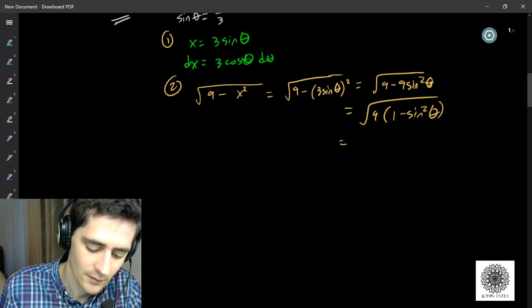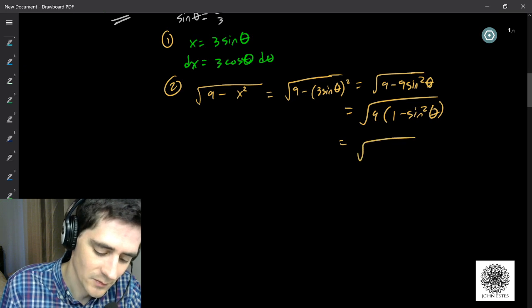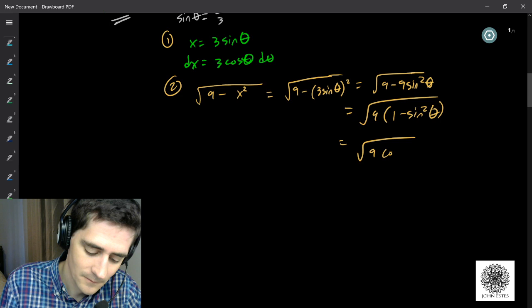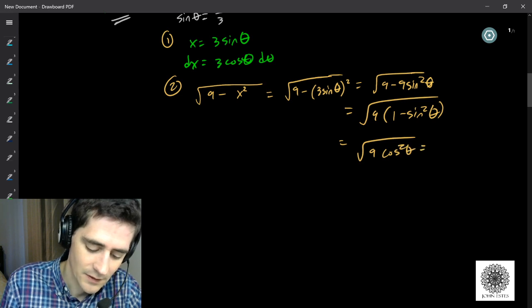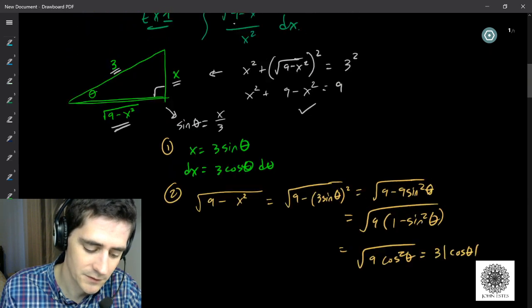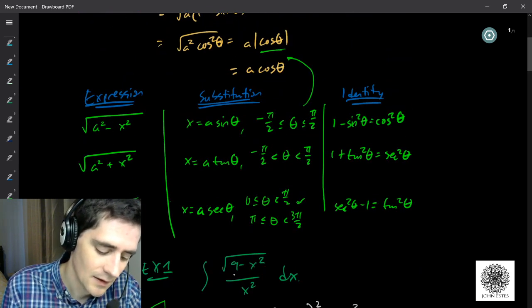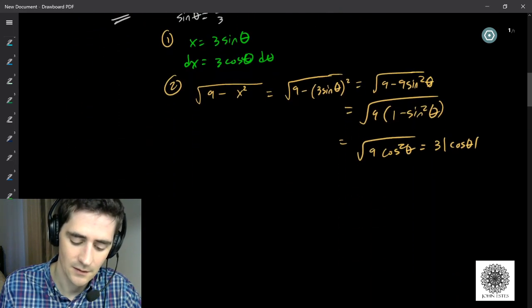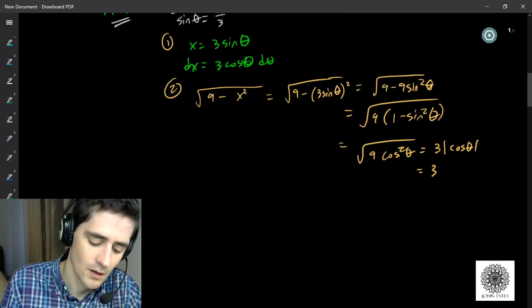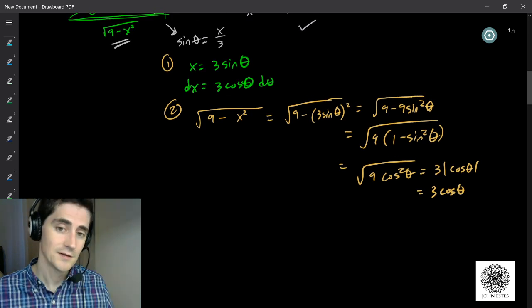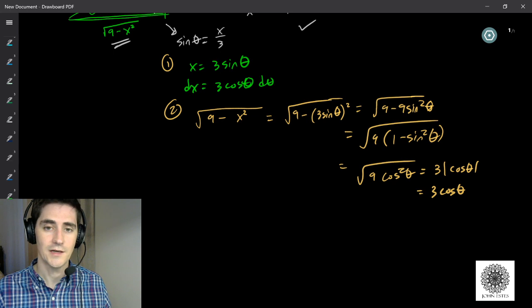And according to trigonometry, remember 1 minus sine squared is the same as cosine squared. So we get 3 absolute value of cosine, and this is why we restrict our angle in our substitution to be in quadrants 4 and 1. So now I know that cosine will always be positive there. So this square root of 9 minus x squared just ends up being 3 cosine theta.